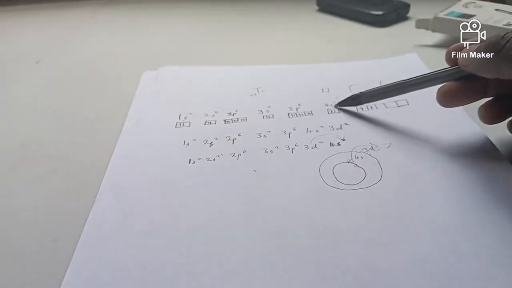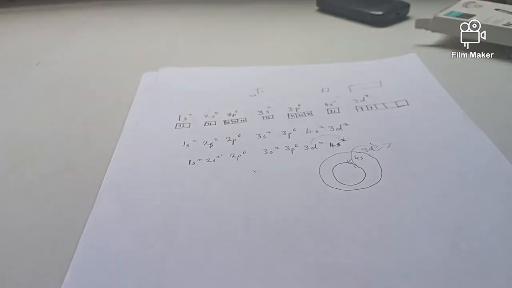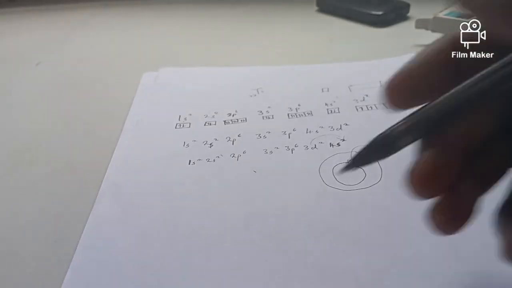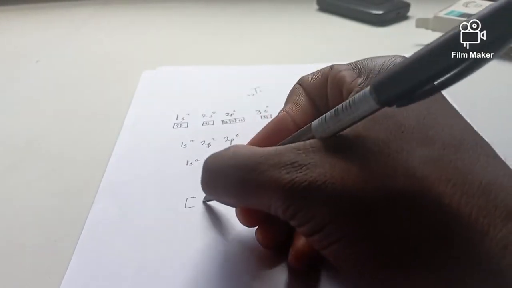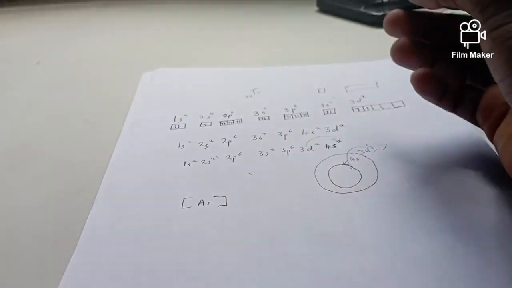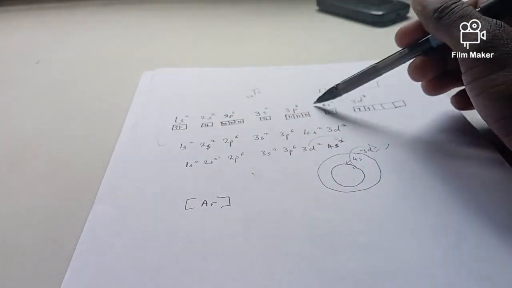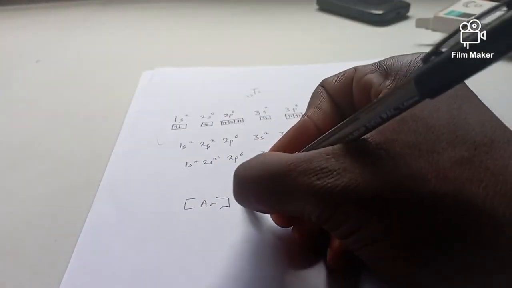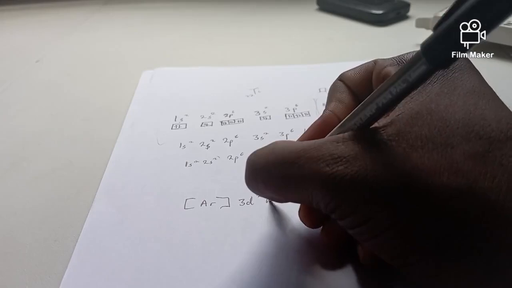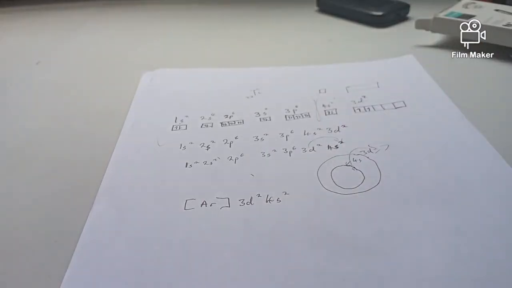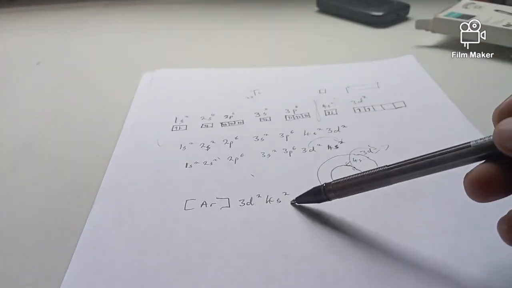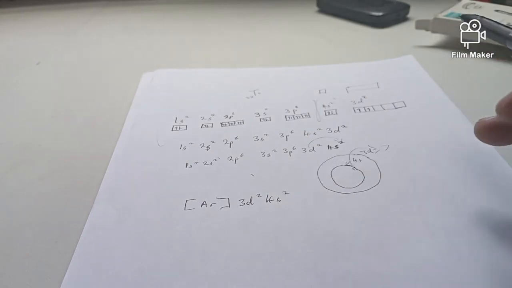So it repels it outside, away from the nucleus. That's it. Now, the short-hand electronic configuration is going to be argon, which is 18 electrons, then 3d2 4s2 for titanium. This is the short-hand electronic configuration.